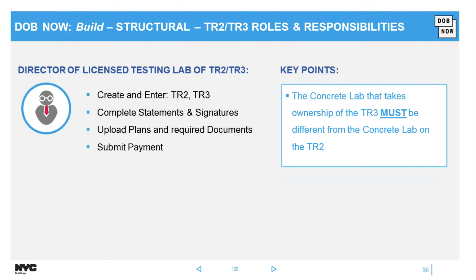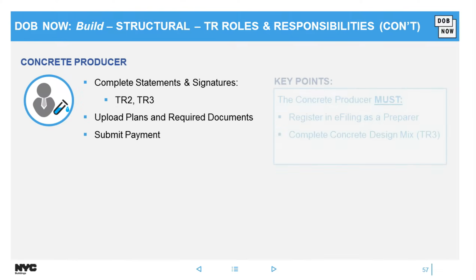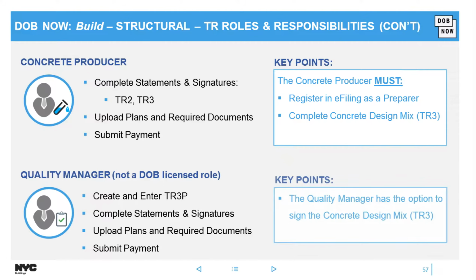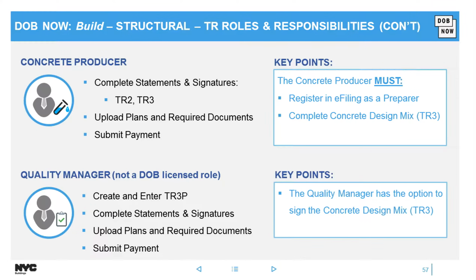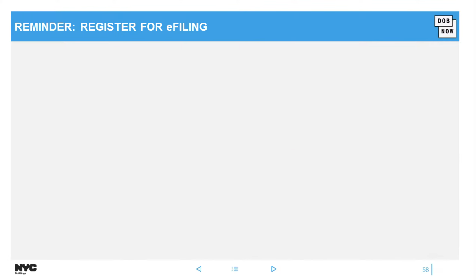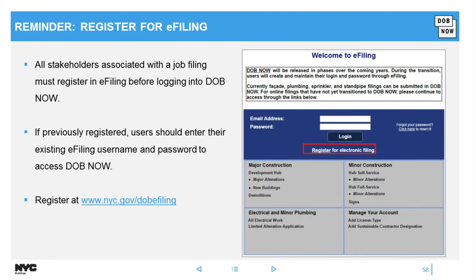The only rule is that you can't have the same lab director on both forms or both tabs. And then we have the concrete producer again. They would complete the concrete design mix or the TR3P as a quality manager. Again, remind these roles, they must go to nyc.gov/DOBNOWfiling in order to register and get access to the system.